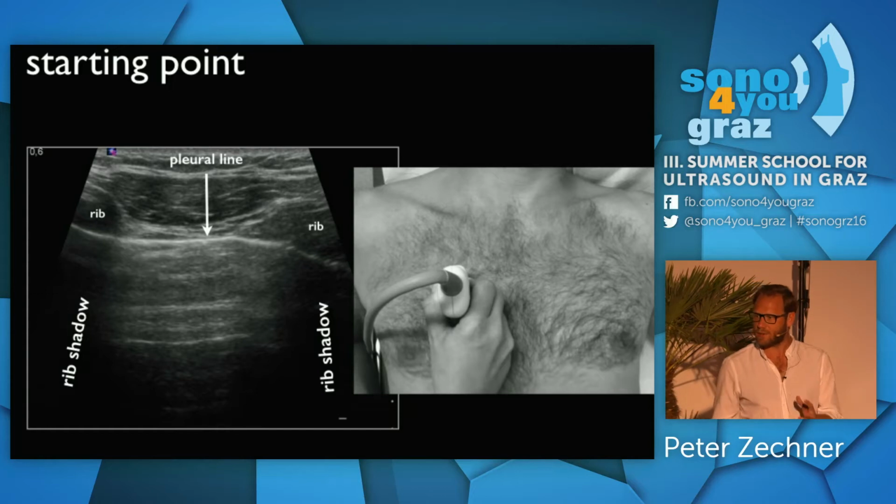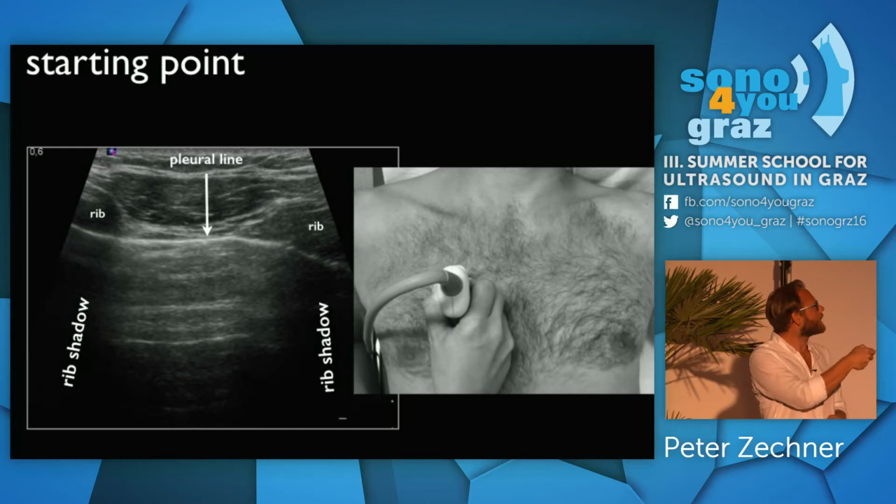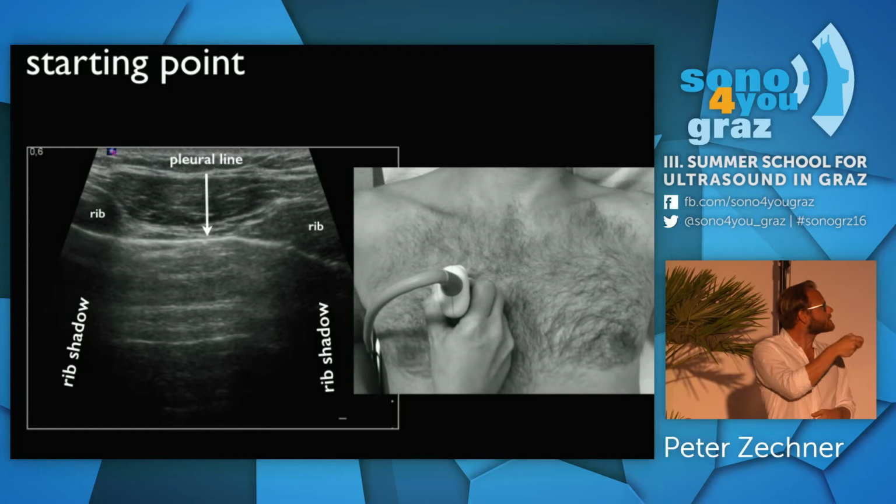This line is very important in ultrasound of the lung. It is produced by the 2 pleural layers, the parietal and the visceral layer of the pleura. It is an echogenic line which reflects the surface of the lung. All we can see below it is just artifacts and no real lung tissue.